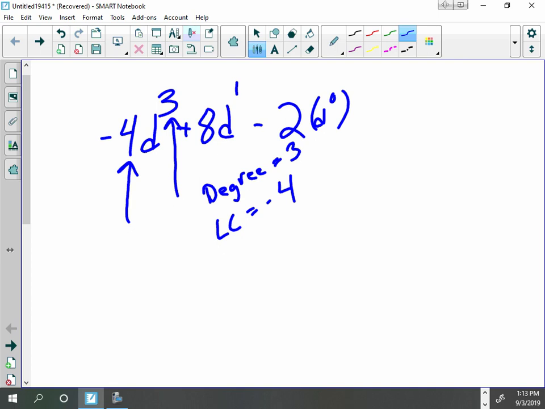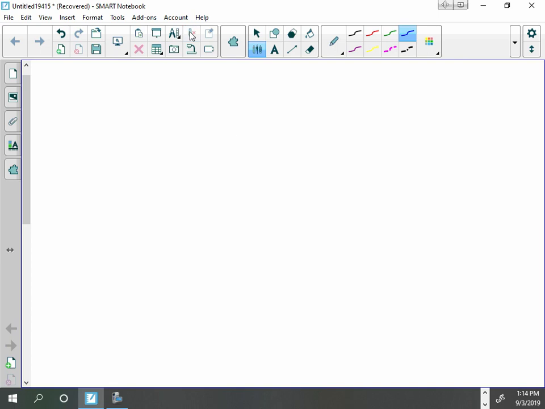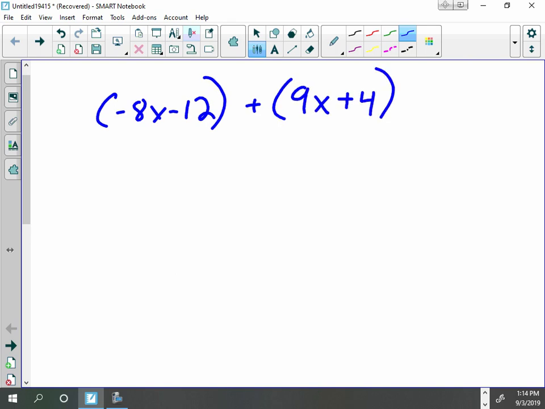So then look at 23 through 38. You're going to add polynomials together, and then you're going to subtract polynomials. So adding polynomials is pretty simple. You just combine like terms. For instance, number 24 says -8x minus 12 plus 9x plus 4.